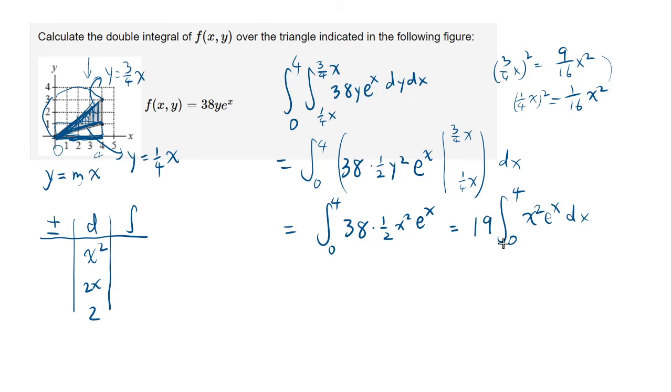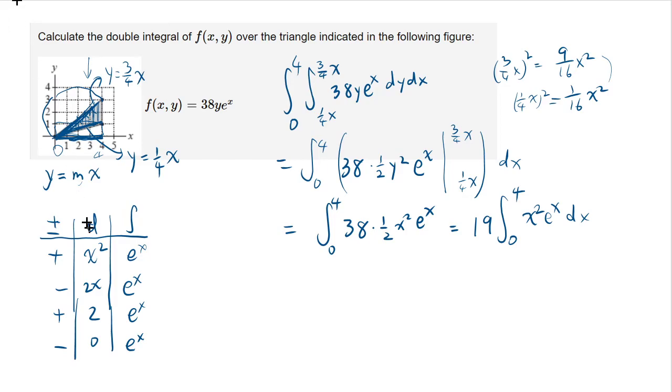So what you do is I choose to differentiate x squared and integrate e to the x. If you place x squared in the differentiation column, then you keep differentiating until you hit 0. And then you integrate e to the x, e to the x, e to the x, and then you do plus, minus, plus, minus. Okay.